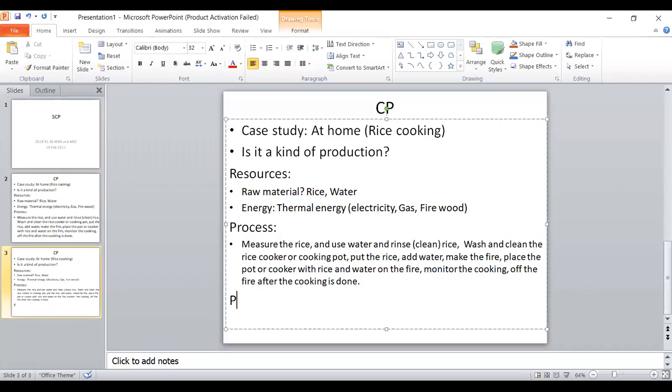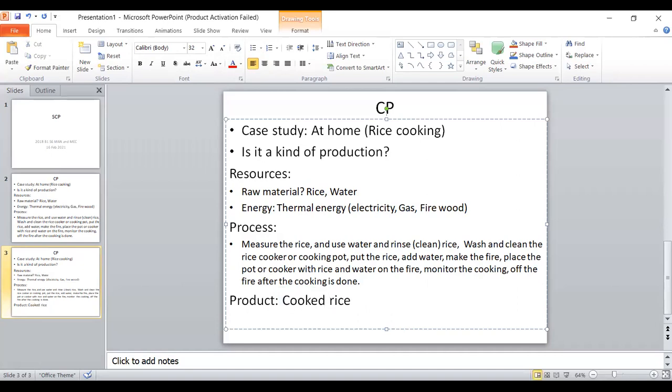Then, what is your product? Cooked rice. Not to say boiled, cooked rice.